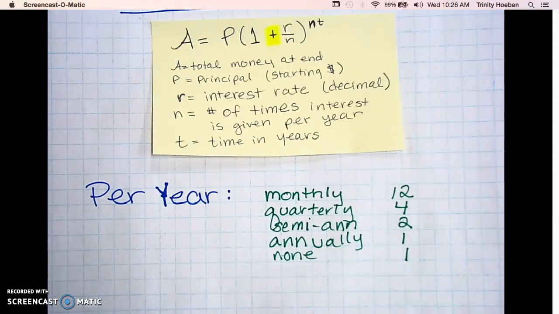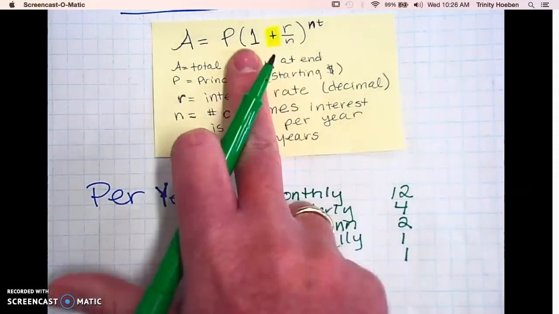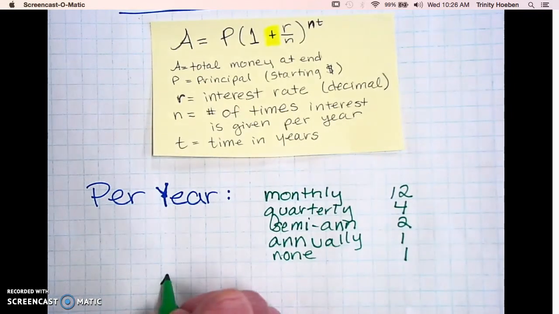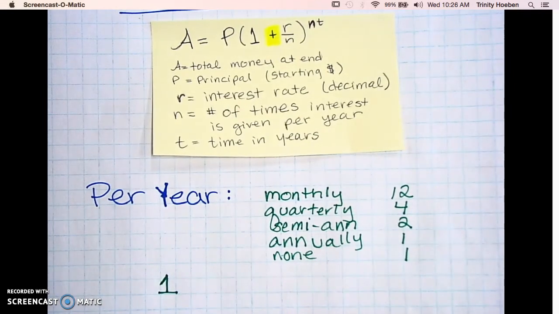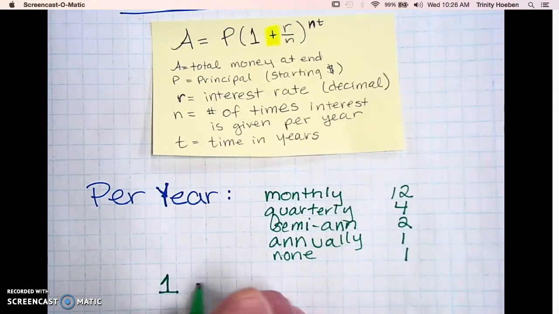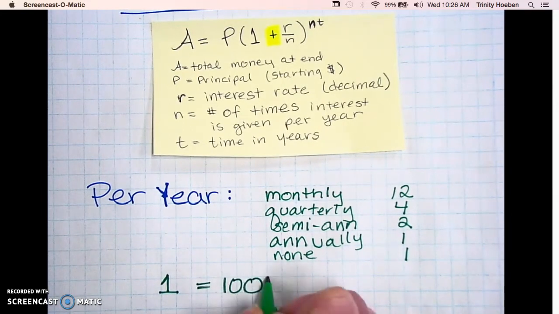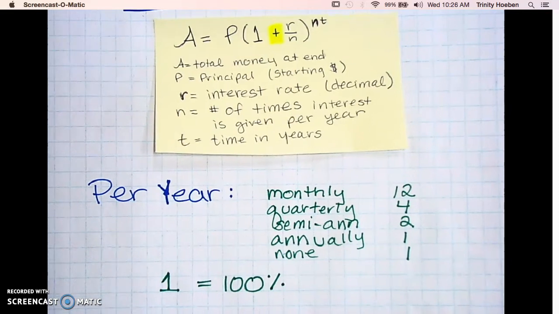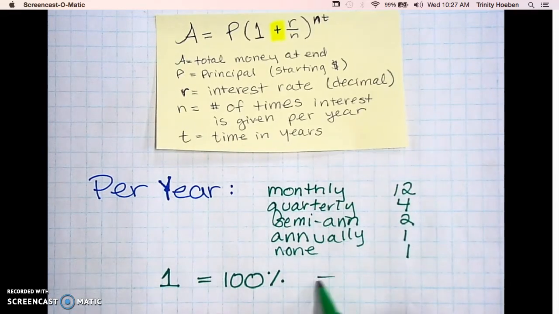The other thing that I want to point out in the equation up here is that there's this number 1. This number 1 represents 100%. Right? So if we have 34 students in our room, and on a given day, everybody shows up, we have 100%, right? Which, if you wrote it as a decimal, 100% would be 1.